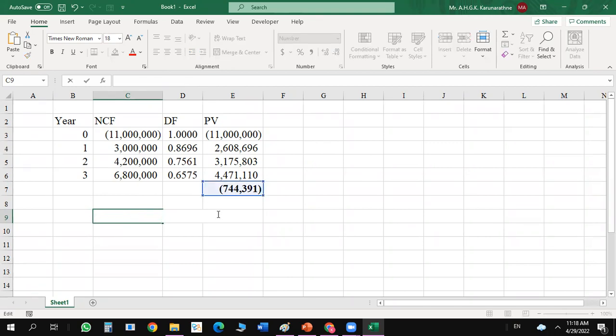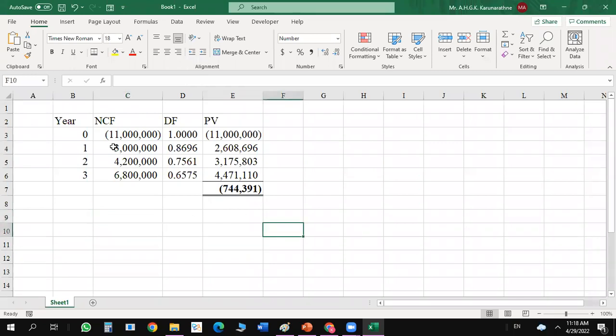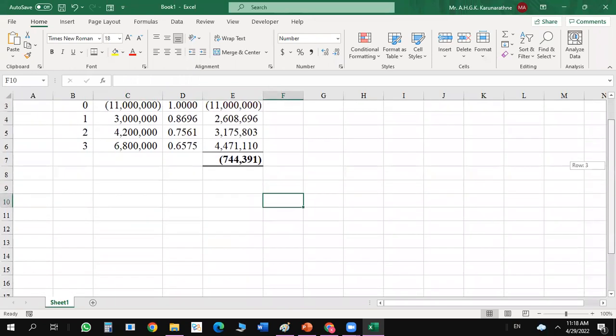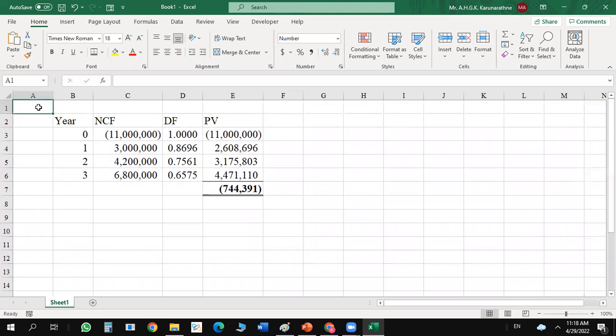So this is how we usually compute our NPV. But there's another approach of computing NPV. There's an inbuilt formula, this is our ordinary approach.